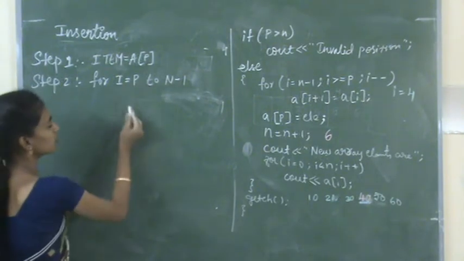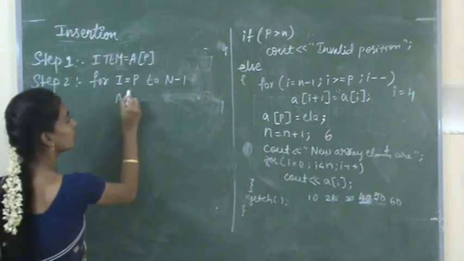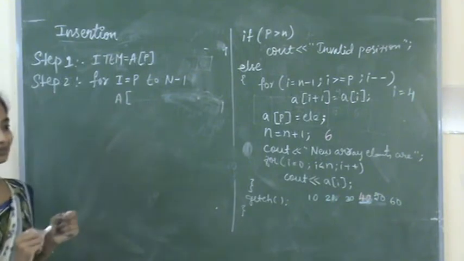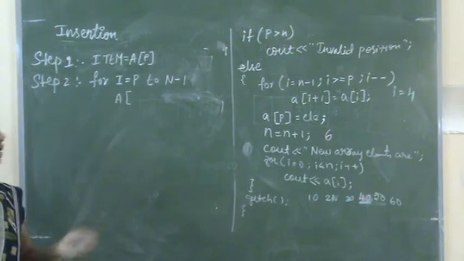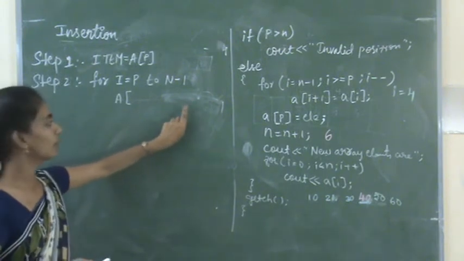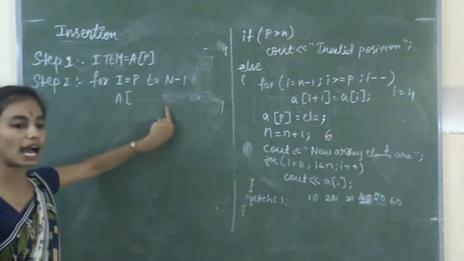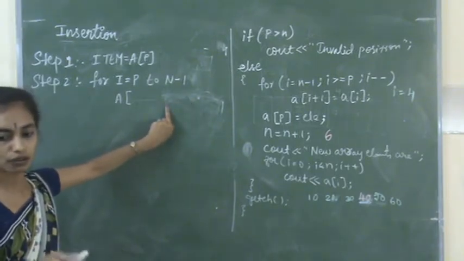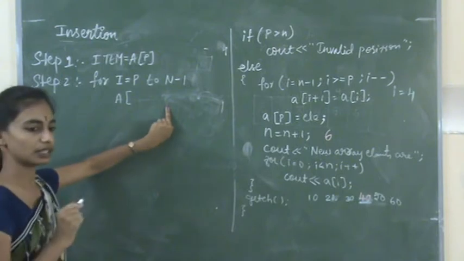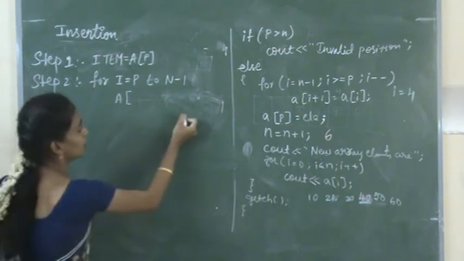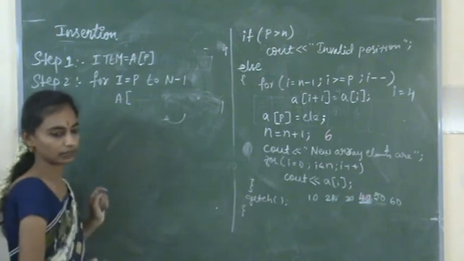So what I am shifting is the value present at the I position, that is shifted to I minus 1, right? So this will be shifted to here.